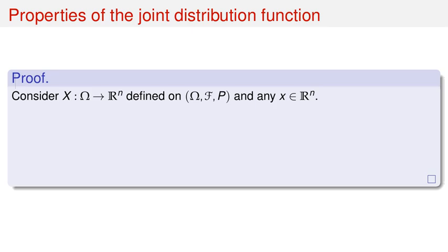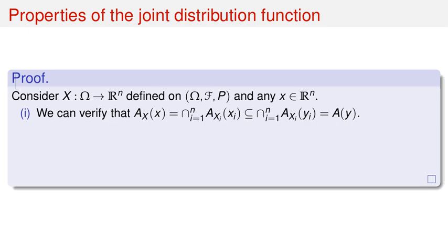Let's briefly touch on the proof of these properties. Let X be our random vector. 1. If x sub i is less than or equal to y sub i for all i, then the event A sub X of x, which is all X sub j less than or equal to x sub j, is a subset of the event A sub X of y, which is all X sub j less than or equal to y sub j.